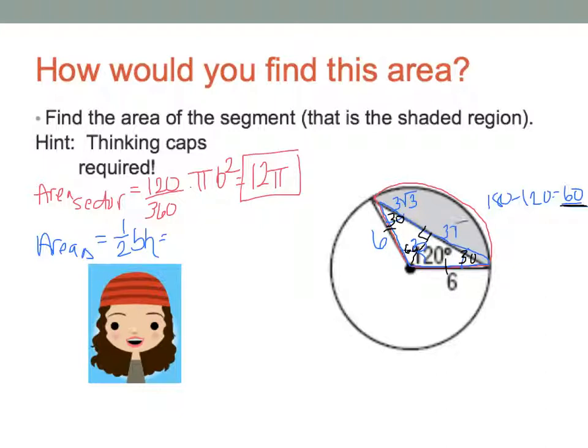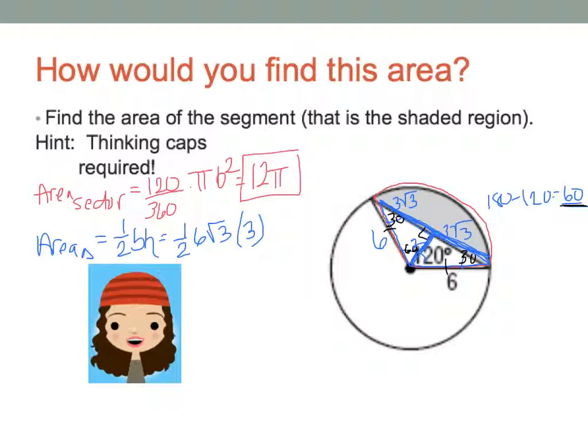The base is 6 root 3 for the entire length. So I'll do 1/2 times 6 root 3 times my height. My height was my short leg, which is 3. Again, 1/2 base times height. I found the base here to be 3 root 3 based on my small 30, 60, 90 triangle, and my height here was 3, again based on my small 30, 60, 90 triangle.